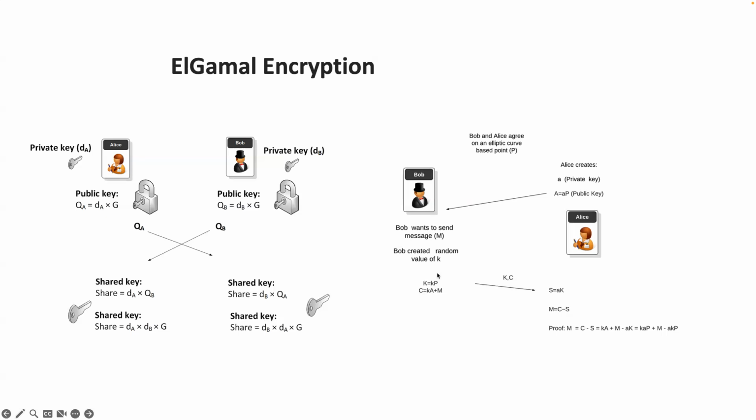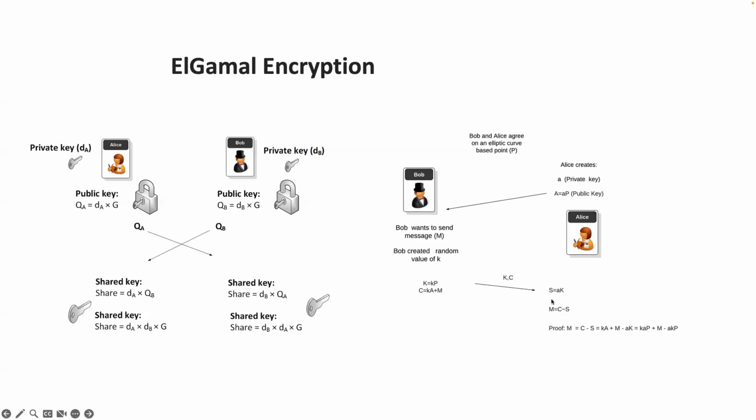And then he encrypts in this way. This is Alice's private key and public key. So he calculates the capital K, which is just the small lowercase k times P. You can think of P as a generator, the base point. So he calculates K, and also he calculates the ciphertext.